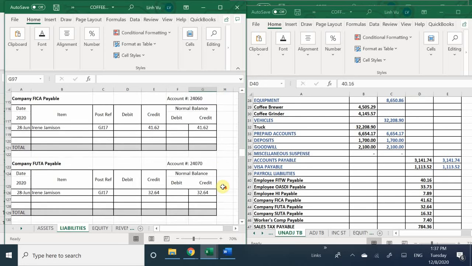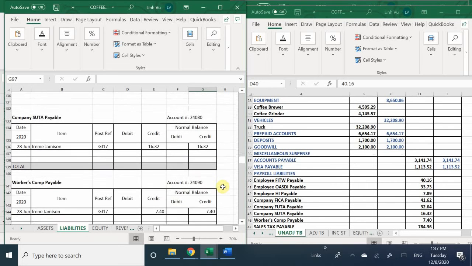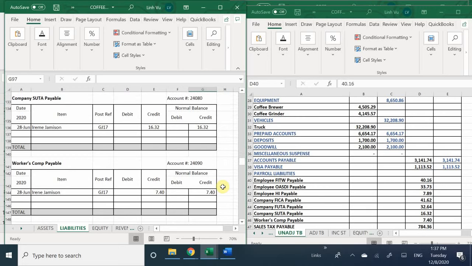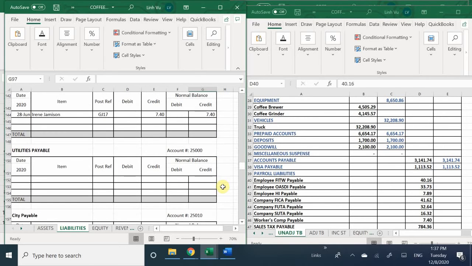Same, no. Company FUTA? Same, no. SUTA? Same. Okay, so they're all the same. So now all we have to do is add those totals together. Since nothing has changed there, I'm going to go ahead and... Workers' comp is in that one? Yes, workers' comp is part of it.